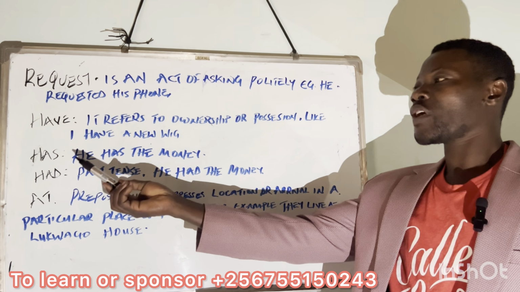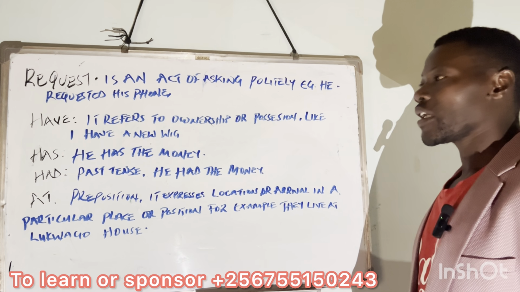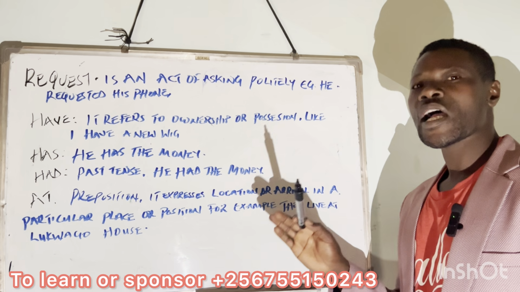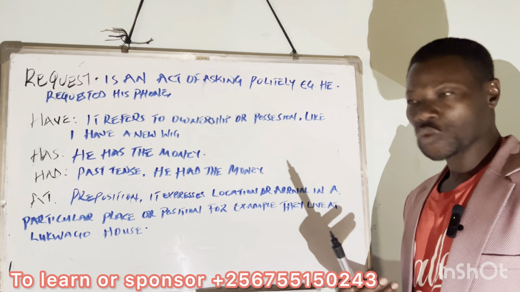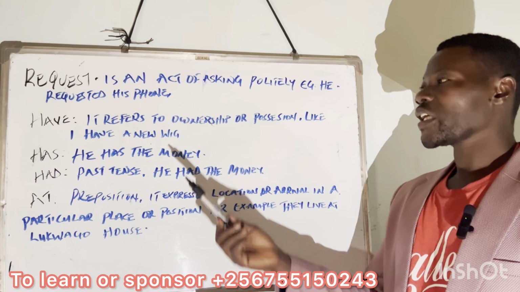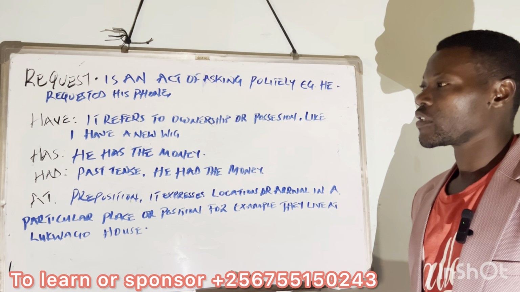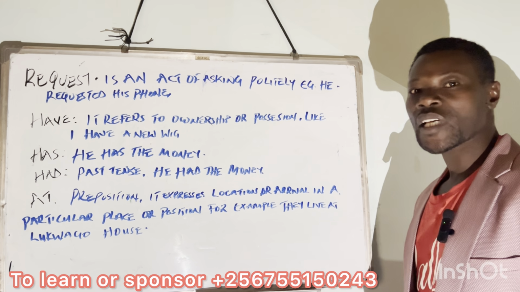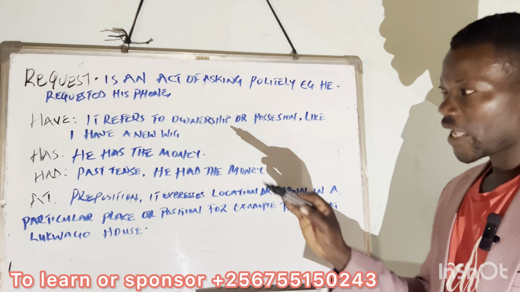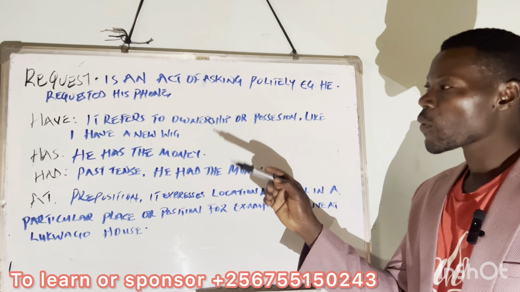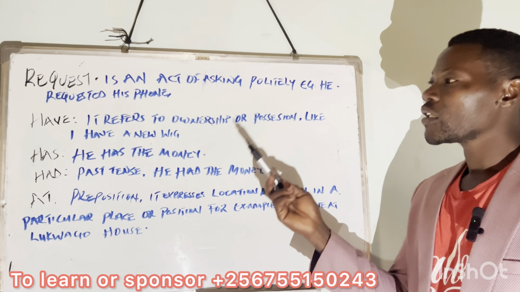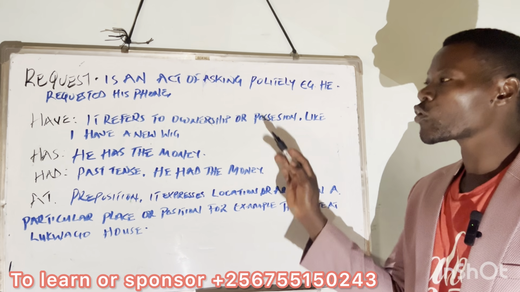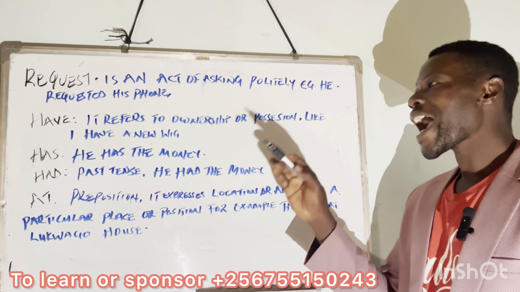Then has is used on other people other than you. For example, you could say, he has the money. Third person, he has the money. He has the laptop that we're talking about. Otegede, has. So have is for yourself and others, many. Then has is for the other person. Omuntu omulala oba oyogera ku ye okozesa has.